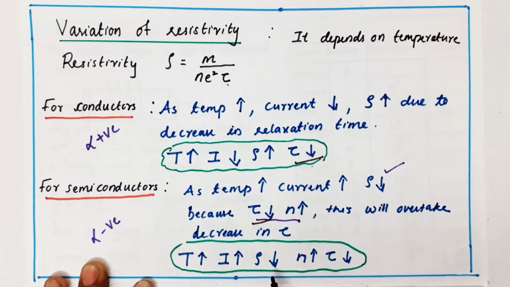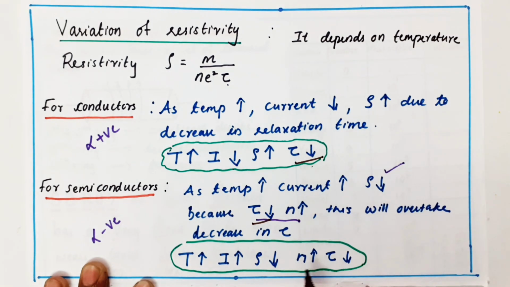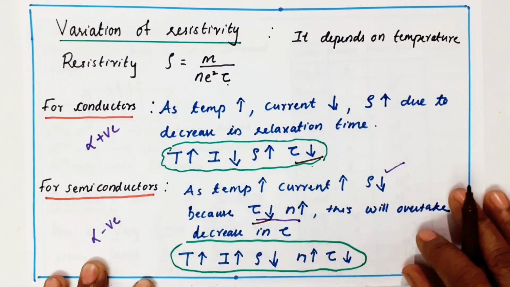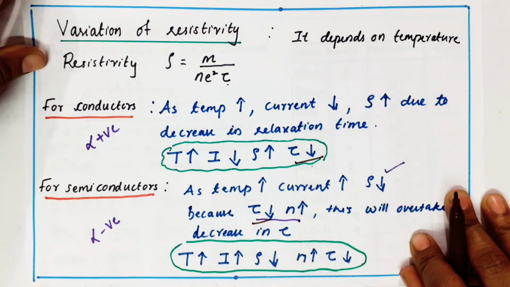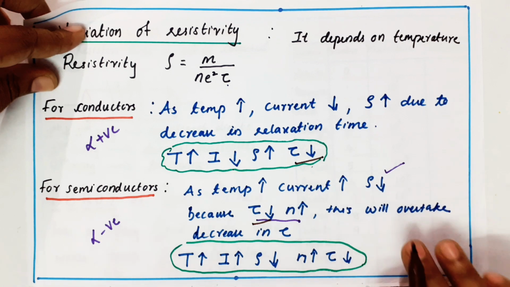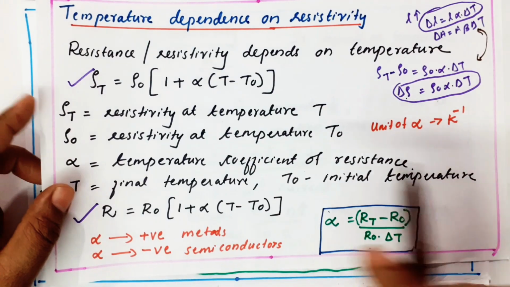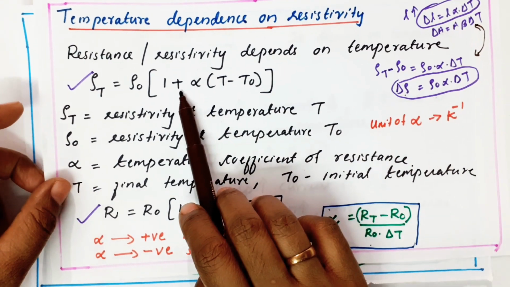Because resistivity decreases for two reasons. Which are the two reasons? One is N increases: the number of free electrons increases, because the temperature increases. The other is that tau decreases. So the decrease in tau is overtaken by the increase in N. So if I need resistivity to decrease with increase in temperature, surely in this equation I need a minus here.